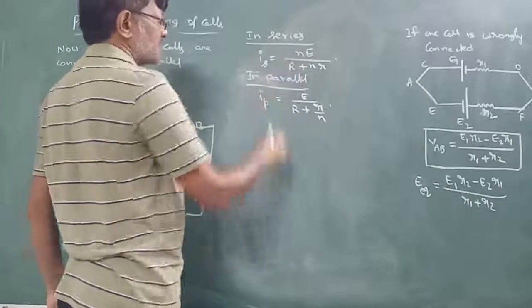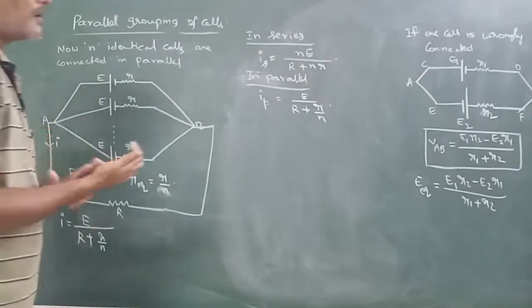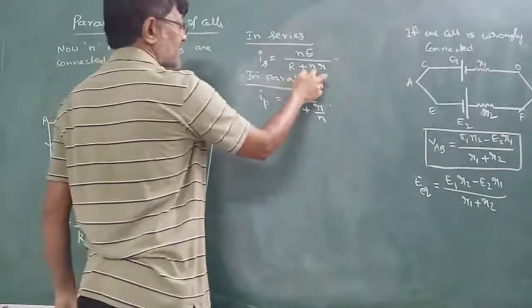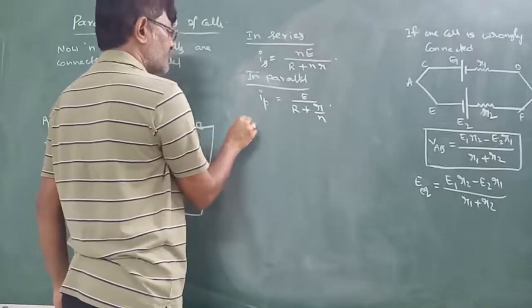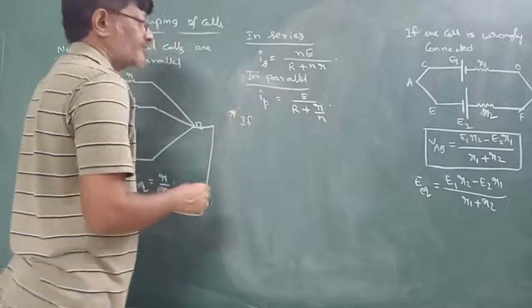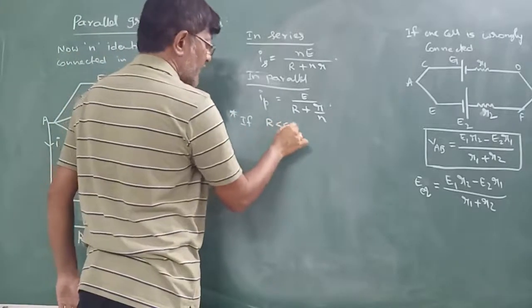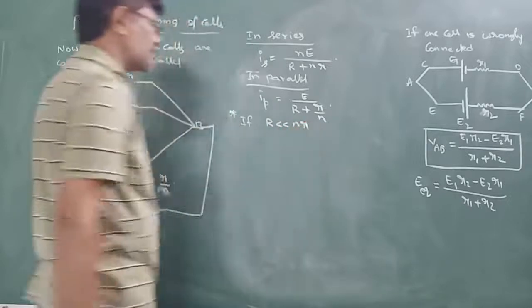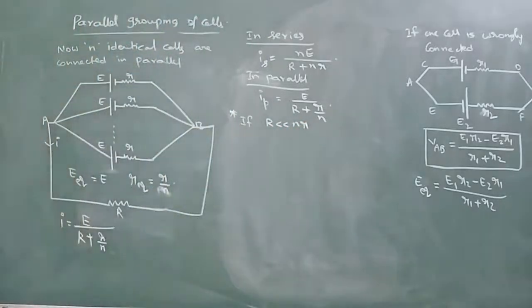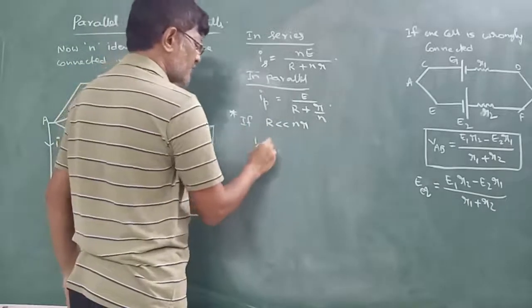In series combination, current is nE by R plus nr. If R is much smaller than effective internal resistance, external resistance is much smaller than effective internal resistance, then R can be neglected from the series formula.